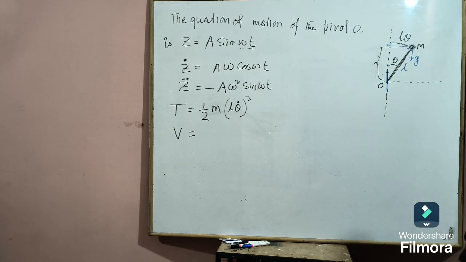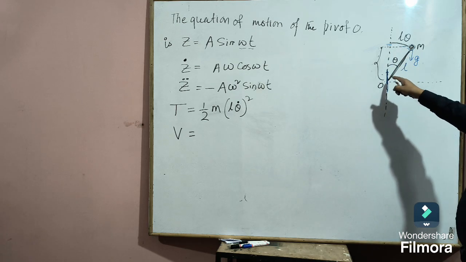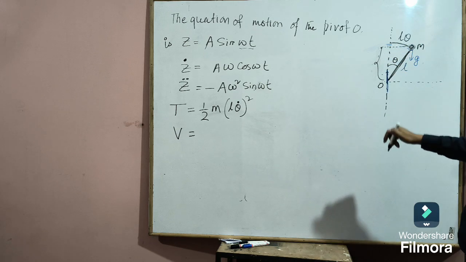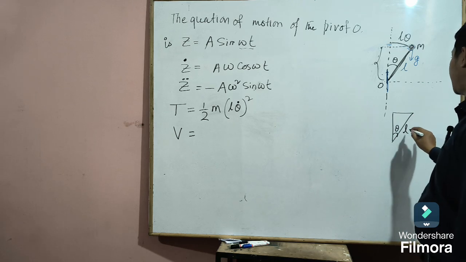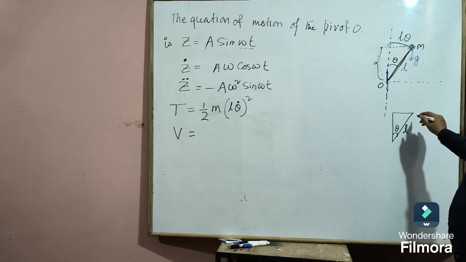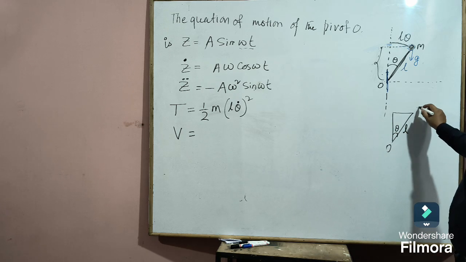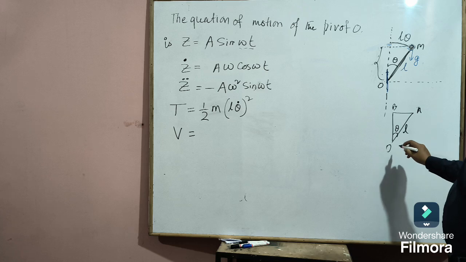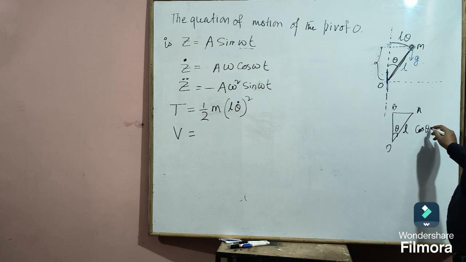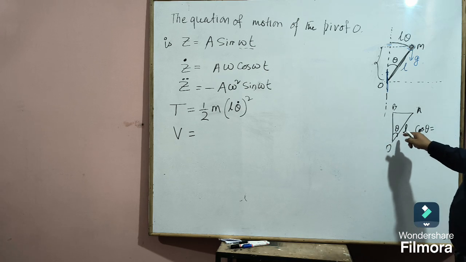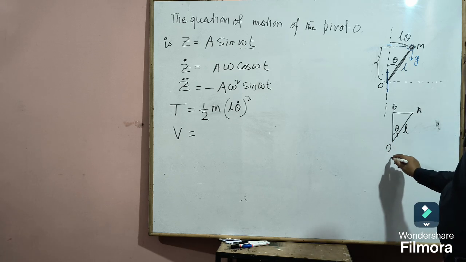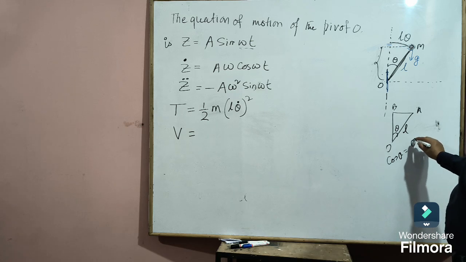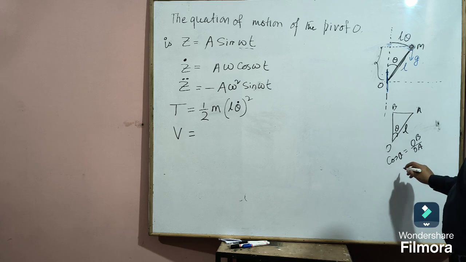This portion, this height. And from this triangle, as you can see here clearly, this is theta and this is L. Now suppose this is O, this is A, this is B. Then cos theta will be equal to base by hypotenuse, that is OB by OA.